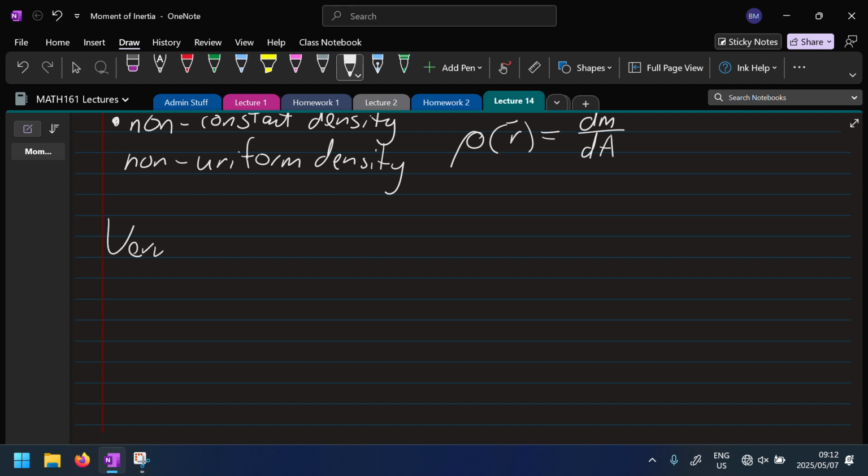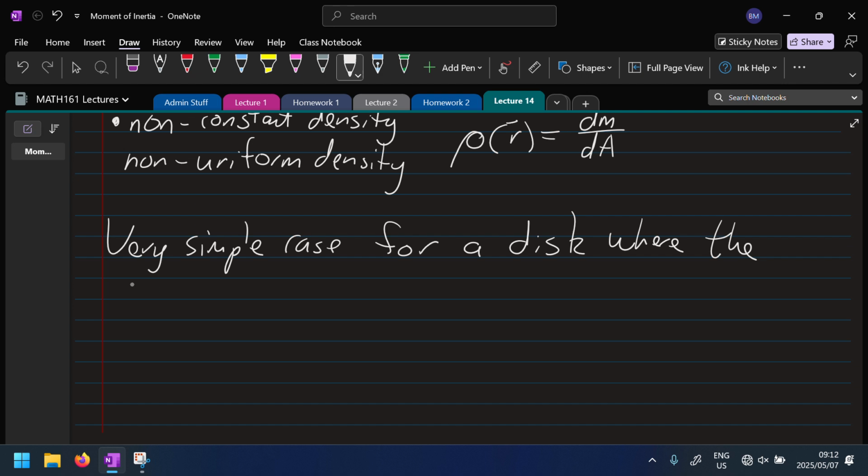Okay, so a very simple case for a disk where the mass density depends only on the radius.